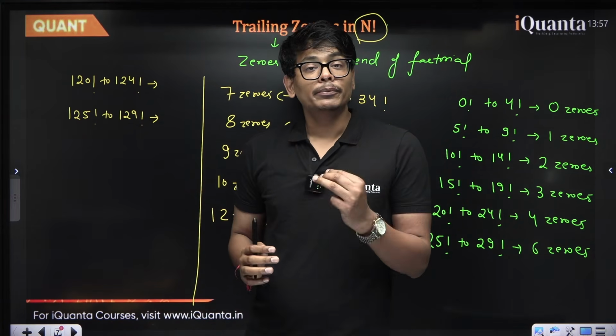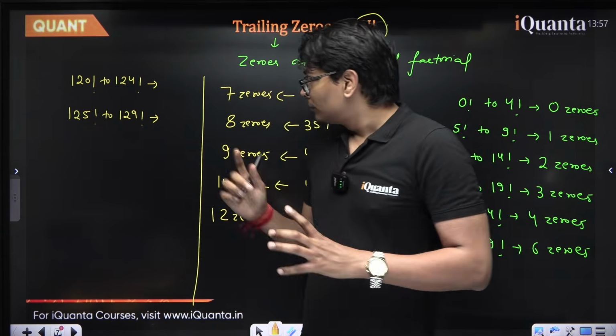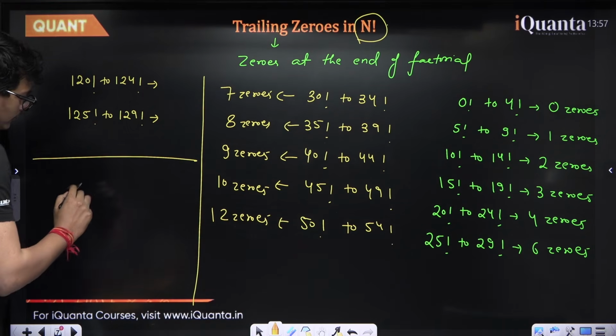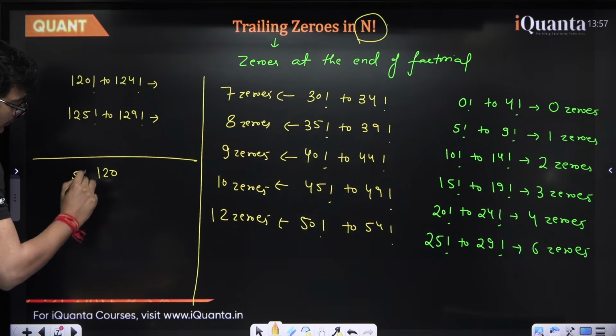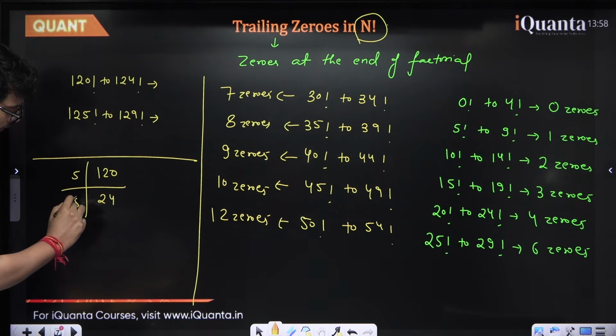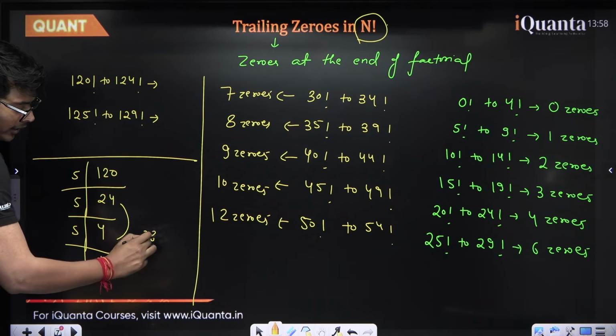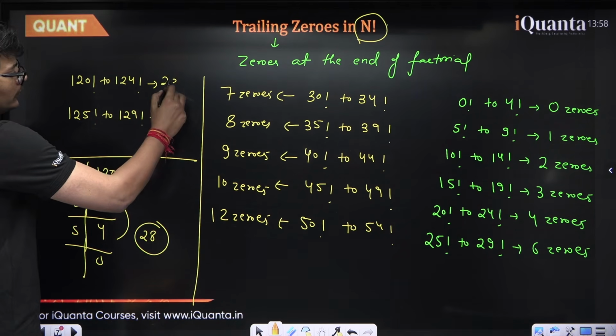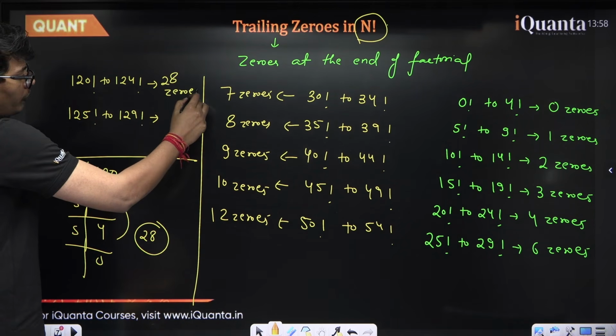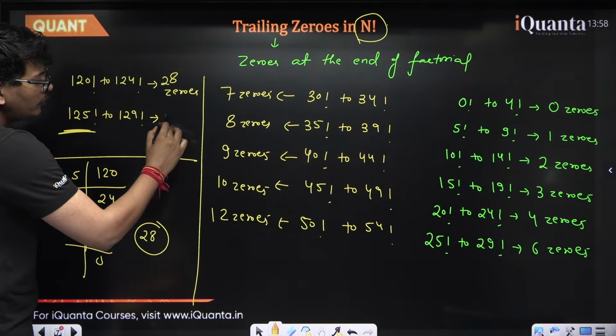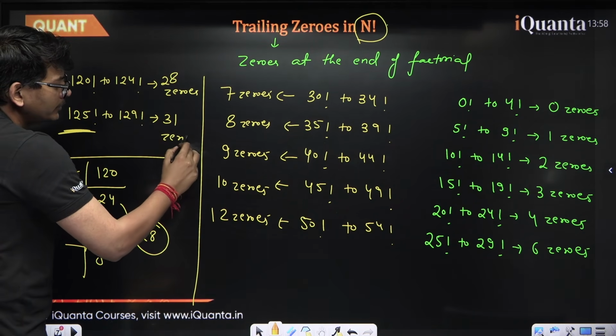So 125 is bringing 3 powers of 5. Let me explain this with this method. So here zeros are 28. But when you solve for this, you will get 31 zeros. You can check this manually.